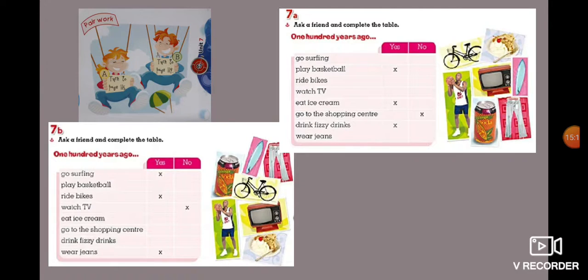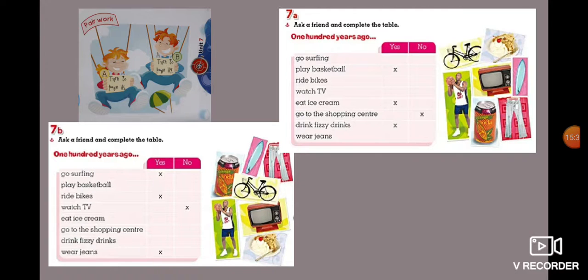100 years ago, people used to watch TV. 100 years ago, people used to eat ice cream. Okay, 100 years ago, people used to go to the shopping center.